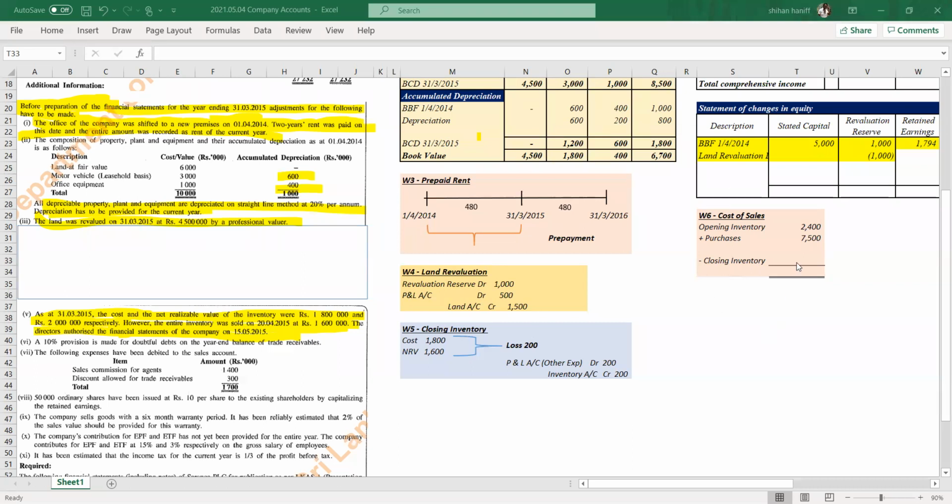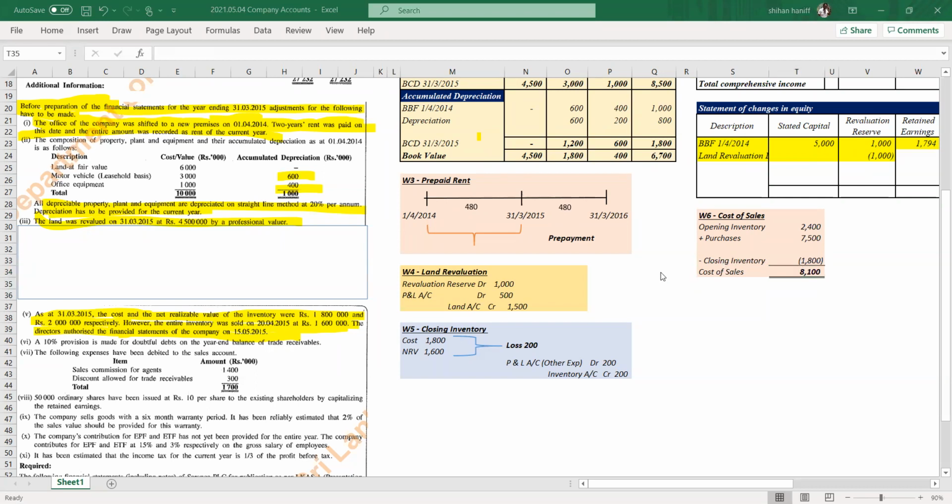Yes. Closing stock, you take the cost, which is 1,800. So cost of sales is 2,400 plus 7,500 minus 1,800.